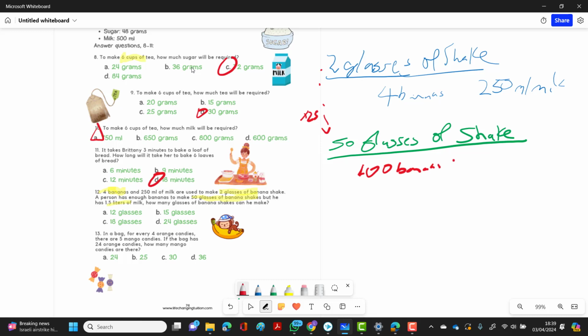And then you also do this times 25. It's 250 times 25. That gives you 6250 milliliters of milk.